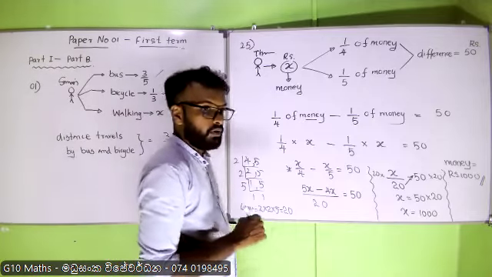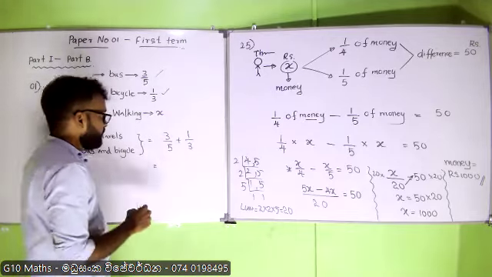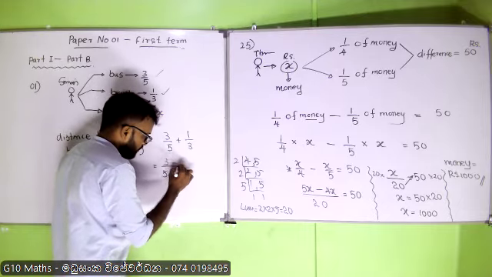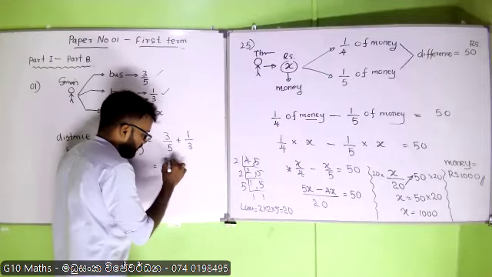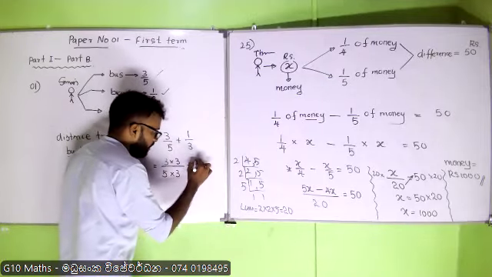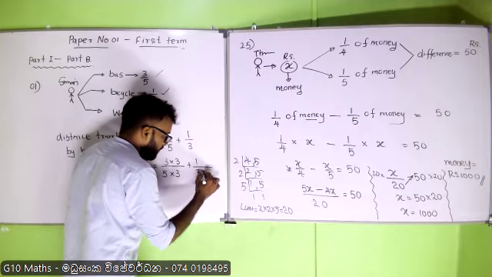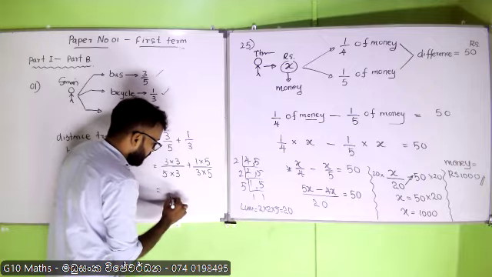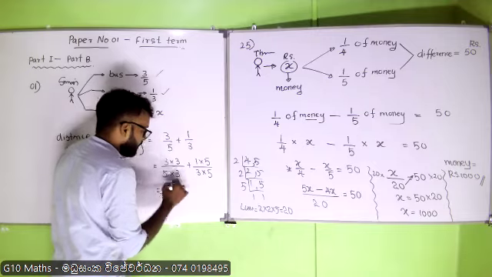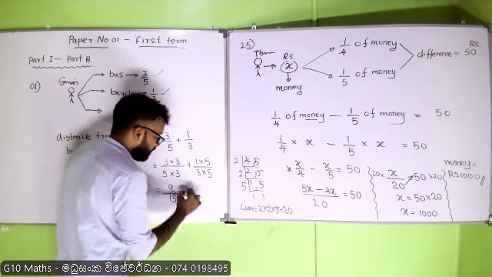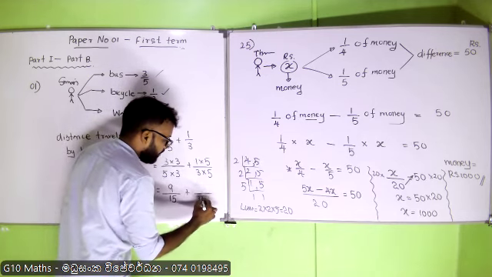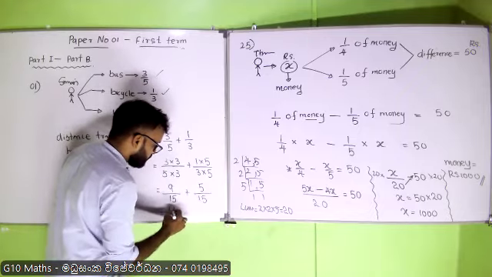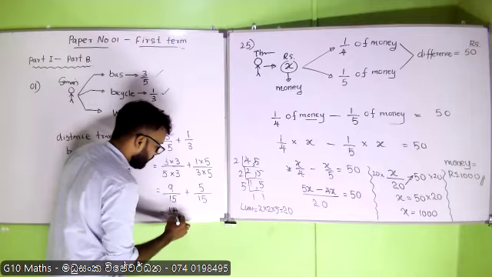So 3 upon 5 multiplied by 3, plus 1 upon 3 multiplied by 5. The common denominator is 15: 3 times 3, 9, plus 5 times 1, 5. So the total distance will be 14 upon 15.